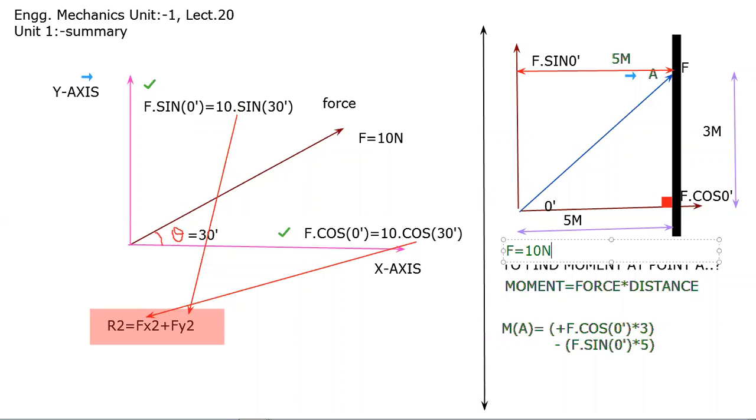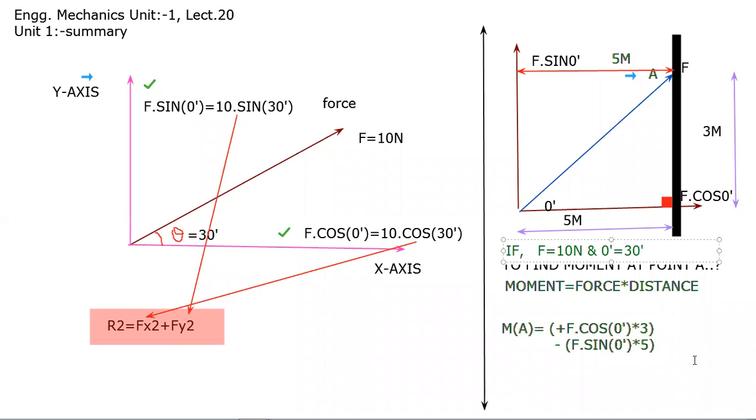Now if your values are given, if F is equal to 10 Newton and your theta is equal to 30 degree, then you can find the answer.